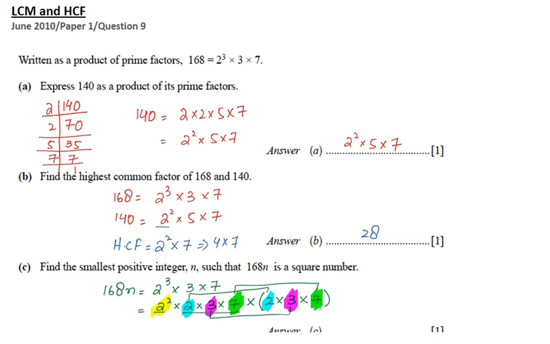Now each number has become a square, so we have made each factor a square number.